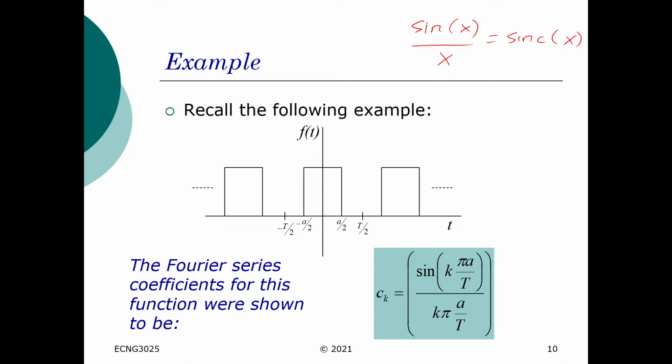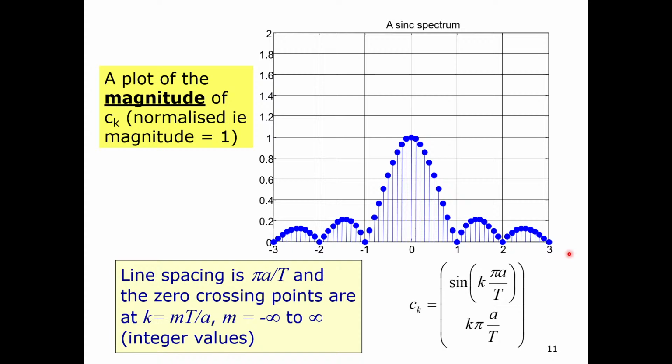So that's a shorter way to write this equation in particular, where x is the component in the brackets here. If we plot this with respect to t and magnitude, we see that it gives us our nice sinc wave.